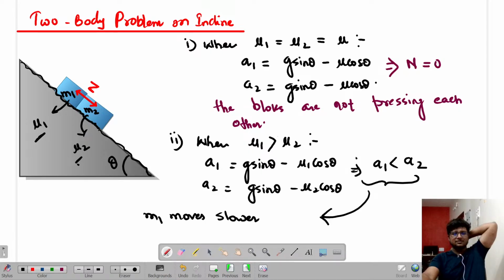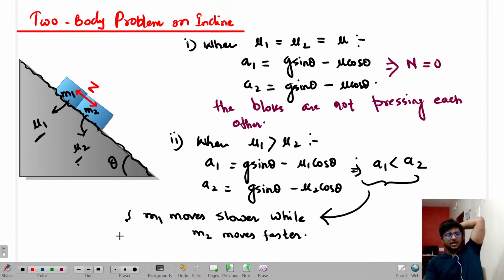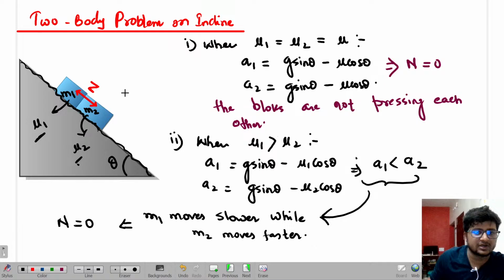Now m1 moves slower while m2 moves faster. m1 is what? Slower, m2 is what? Faster. Now if this is the scenario, then what will happen? Again same idea will be happening now, that normal will become how much? 0. Why normal will become 0? Because m2 is fast, means this is going away while this one is slowing down, so there will be no contact left. So again normal will become 0.